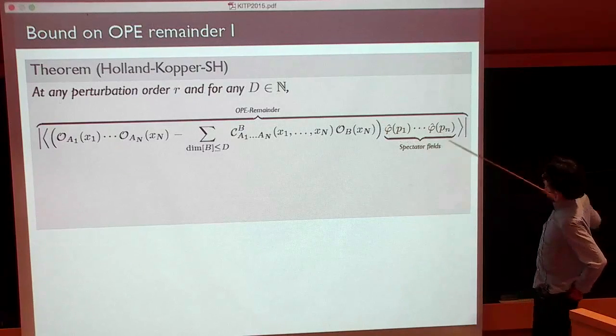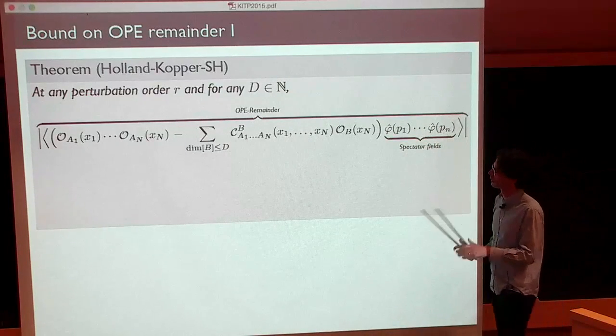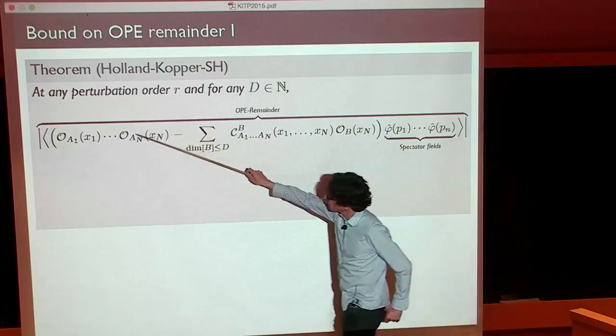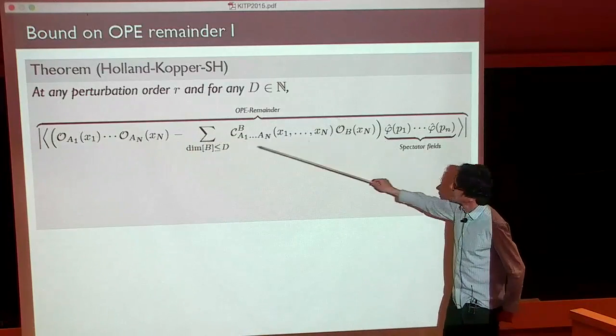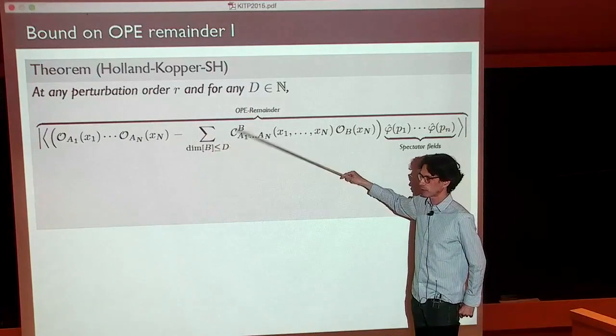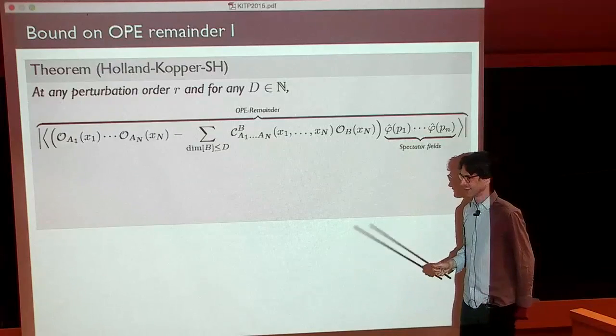So this thing you should think of as like an n particle state or something. And then I approximate this product of n operators with the operator expansion carried out to some high dimension d, but finite dimension d. Those p's are arbitrary.